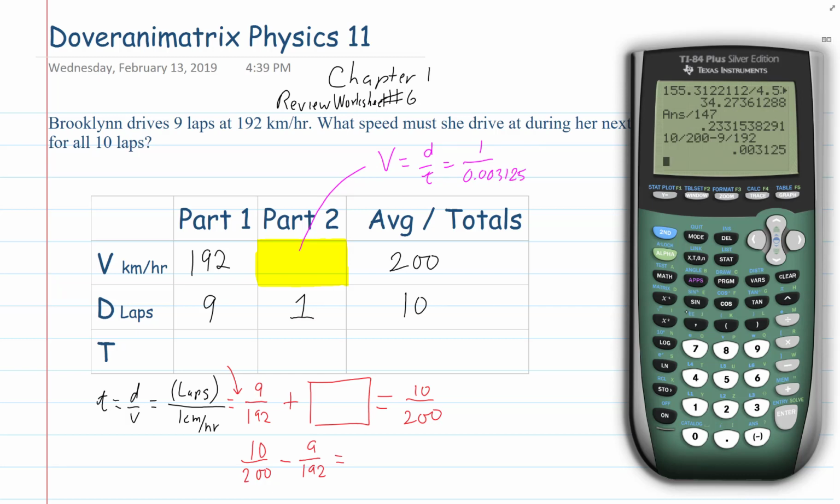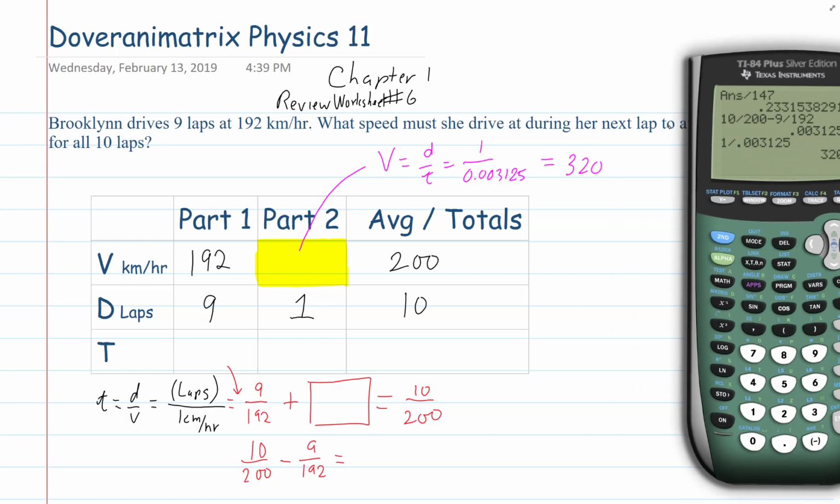So I'm just going to reciprocate this, 1 divided by that last number, and we get 320. That will be in units of kilometers per hour.